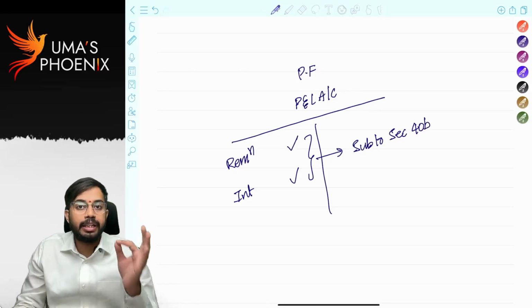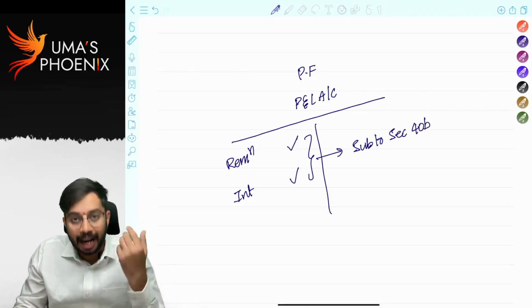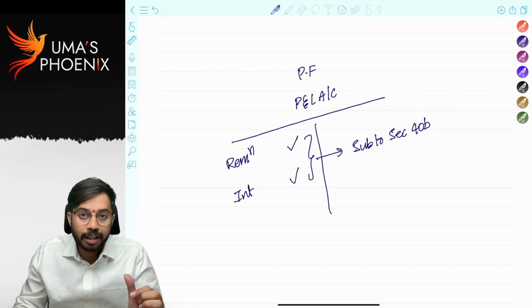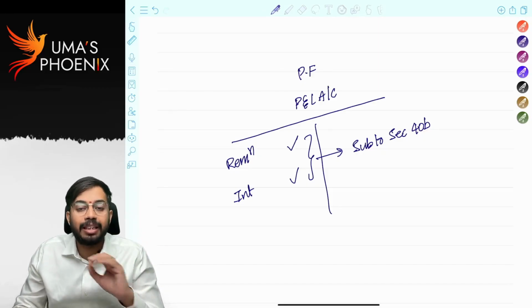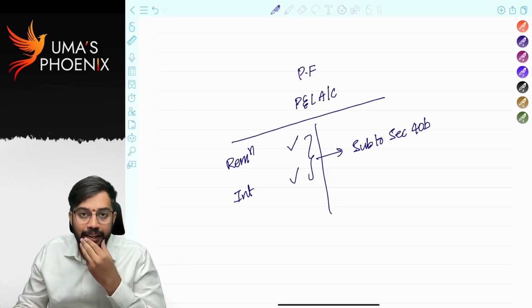Only if the conditions specified under section 40B are satisfied, then for a partnership firm, interest on partners' capital, interest on partners' loan or remuneration to partners is allowed as expenditure. Otherwise, such expenditure is not allowed as deduction.